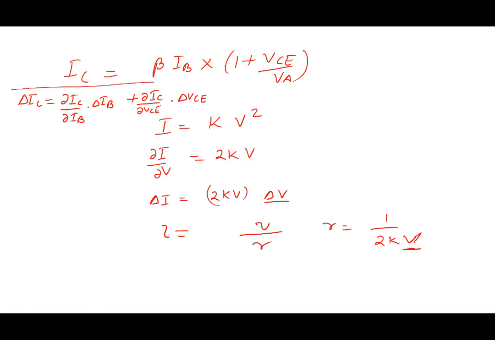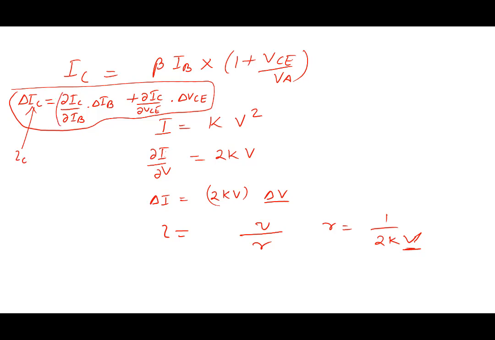The net change in IC can come about because of a change in IB or a change in VCE. Agreed? It's a simple differential form. Delta IC is delta IC by delta IB multiplied by delta IB, plus delta IC by delta VCE multiplied by delta VCE. Now this change delta IC we write as small ic.